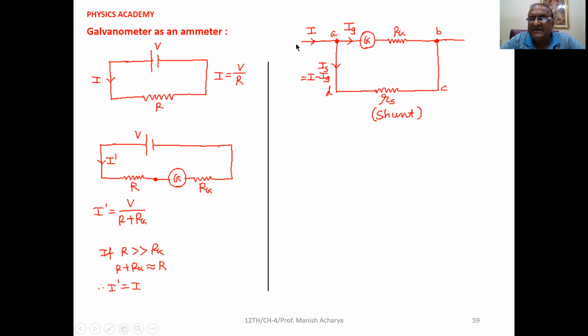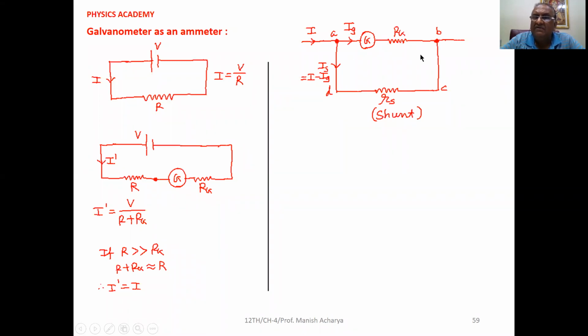Now see, suppose the circuit current is I. So when this current reaches this point A, it will be divided into two parts. Now this particular resistance is very small compared to the resistance of the galvanometer. So the majority of the current will pass through this one.